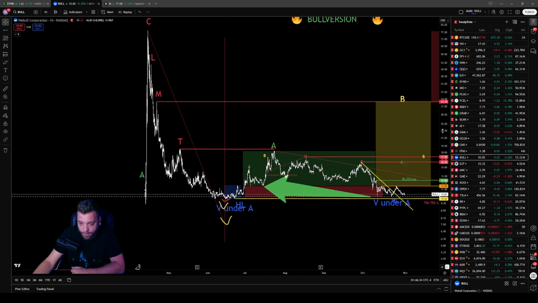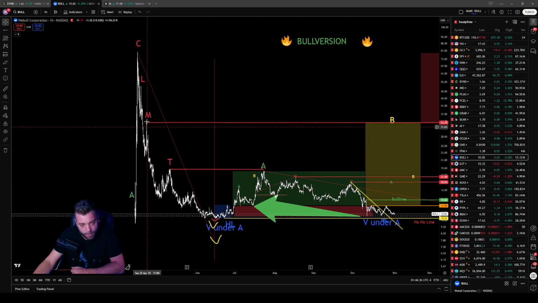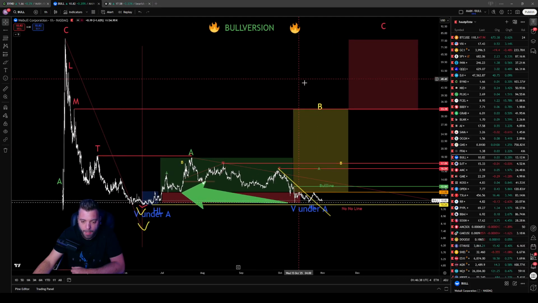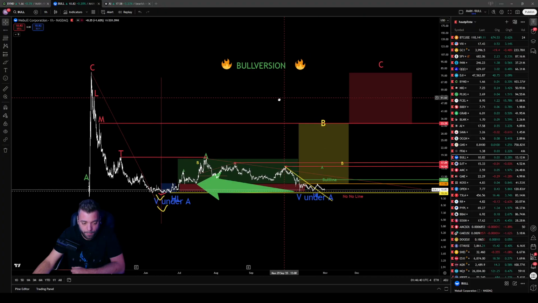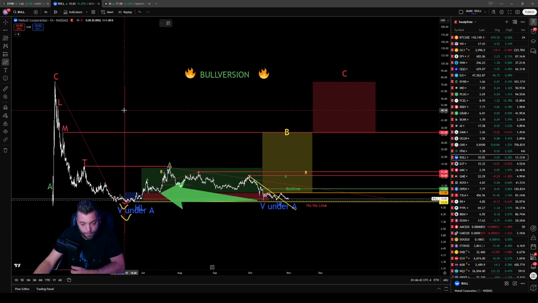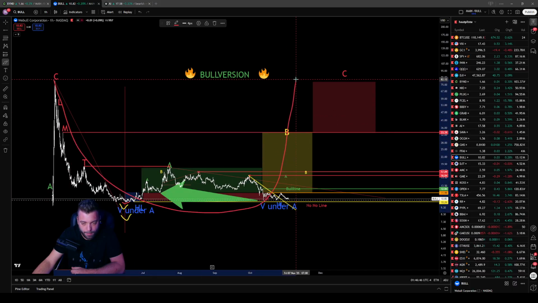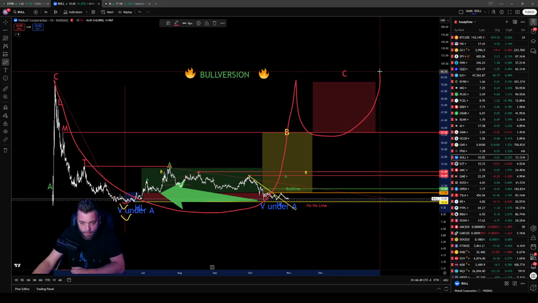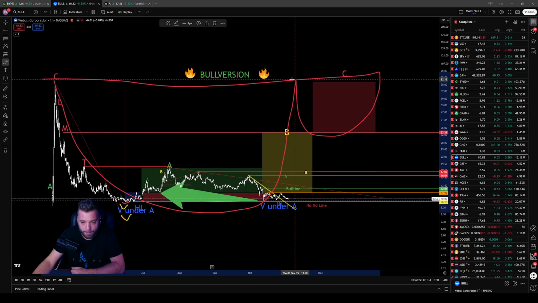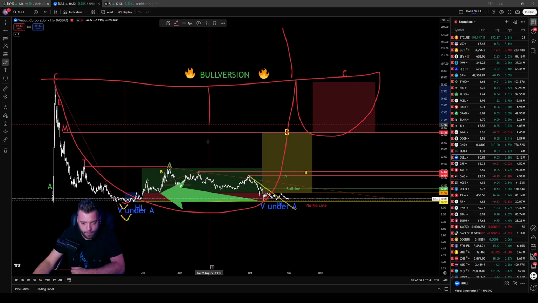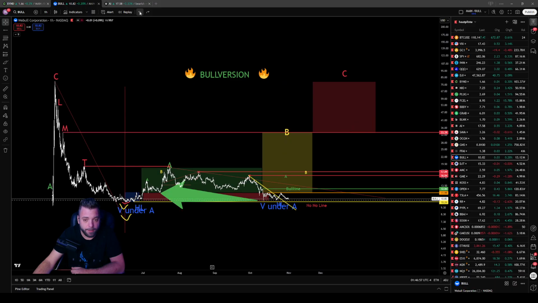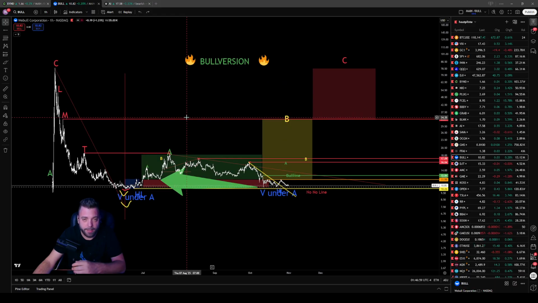And the next thing we would expect is this movement. And for the future, if this is right, this is nothing else than a cup and handle. And after that, you know how to track that, if you know what a cup and handle pattern is. But this will take years, or 1-2 years.